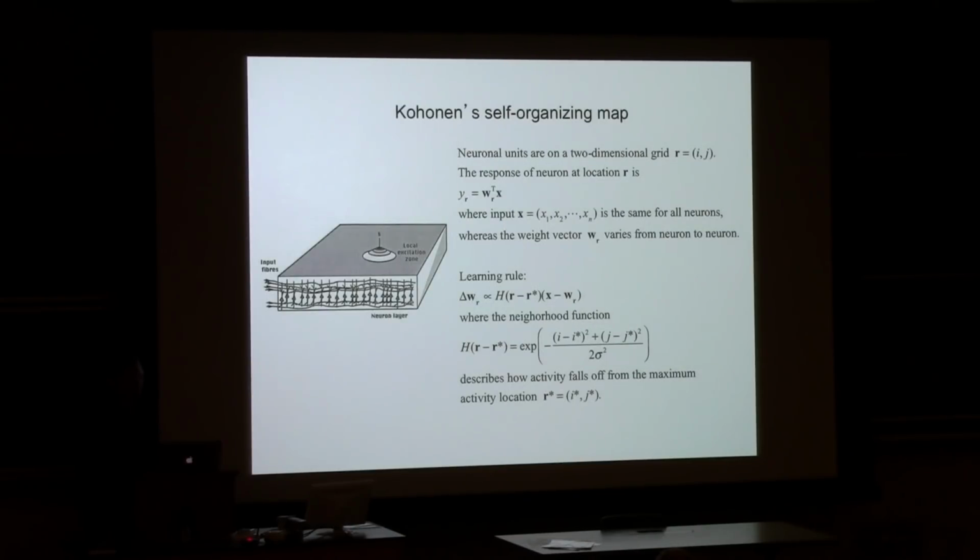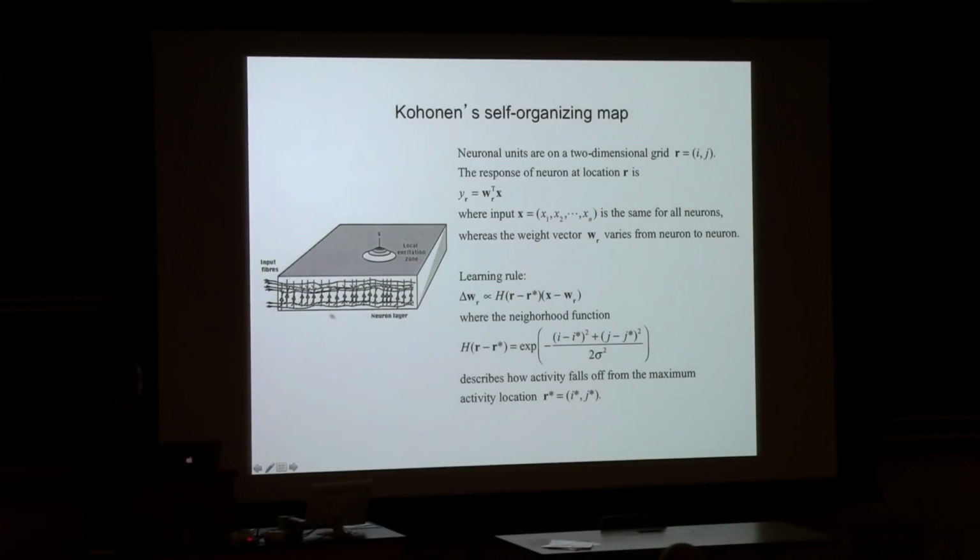All right. So the rule is kind of simple. It works like this. The learning rule: the change in weights is proportional to a product of two factors once again. One is related to the output, and another is related to the input. The output part is called the neighborhood function.